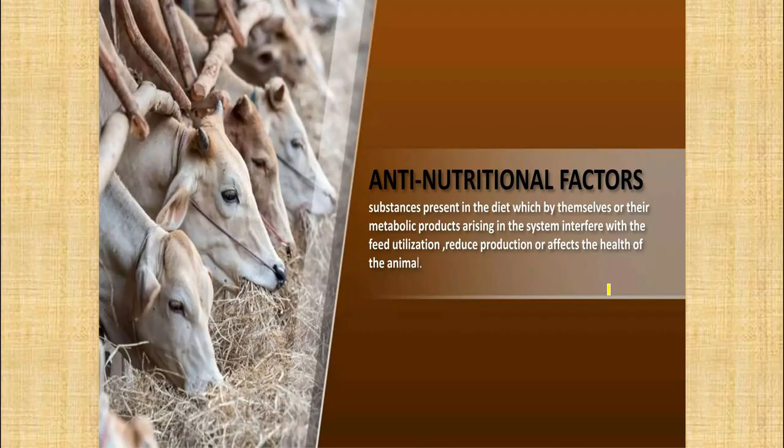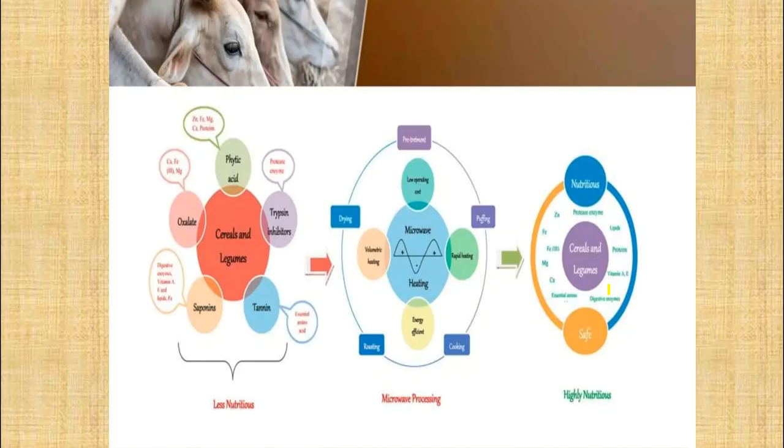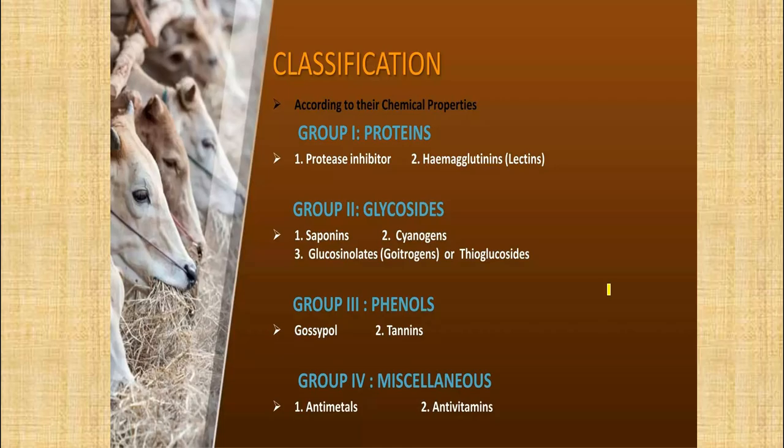Then varieties of these anti-nutritional factors are summarized in the next coming slides for ease of learning. So we'll go fast. Many types of anti-nutritional factors are present in the feed and fodder. Then the nutrition is also derived from certain minerals like calcium, magnesium, manganese, phosphorus, then potassium, and few more substances.